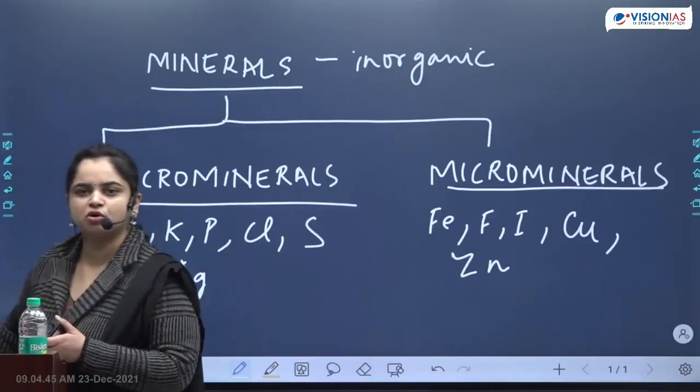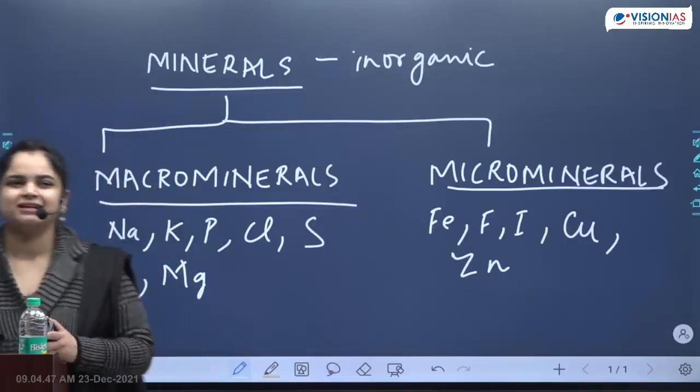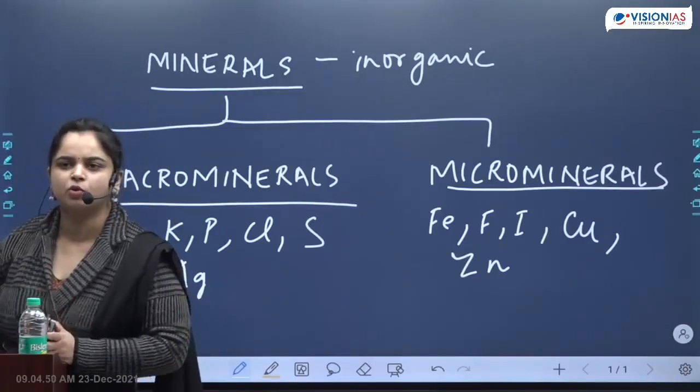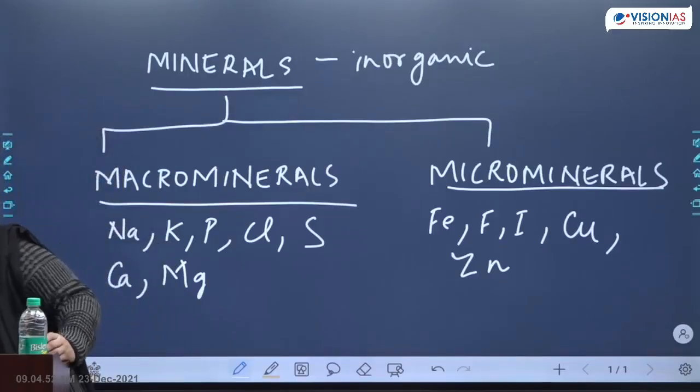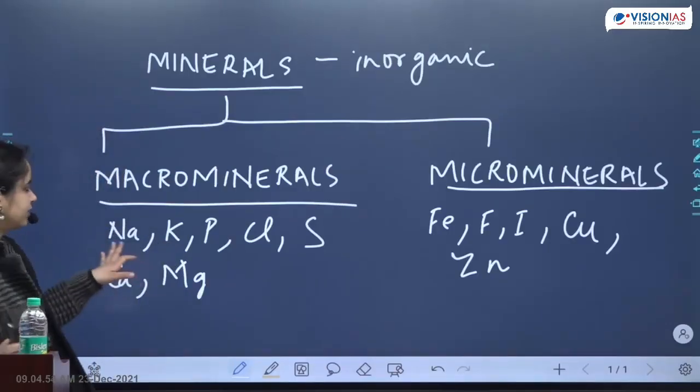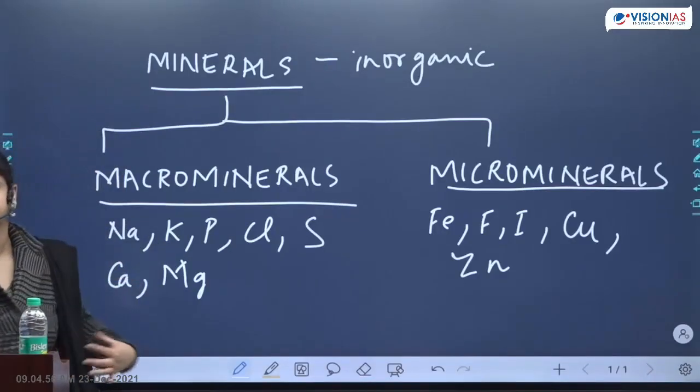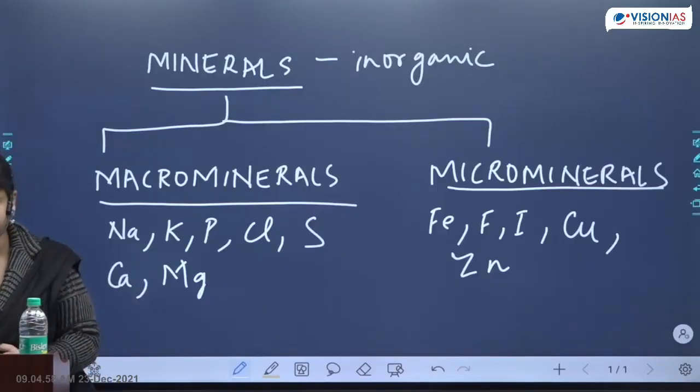Now we are going to talk about each of these, write some slight basic points about what they will be doing in your body one by one. Let's start with sodium.